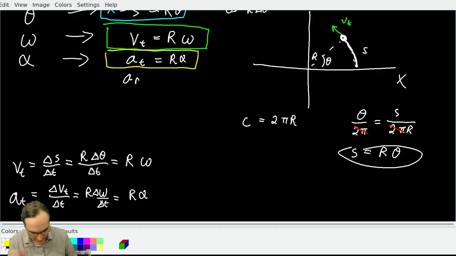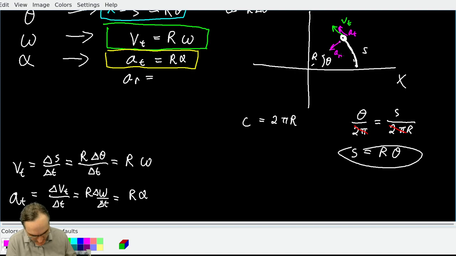Okay. And for the moment, submitted without proof, we can write the radial acceleration. So the tangential acceleration would be telling us about how you are speeding up or slowing down as you go around here. And it does depend on the alpha, but there's also, if you're following a circular trajectory, always a radial component.